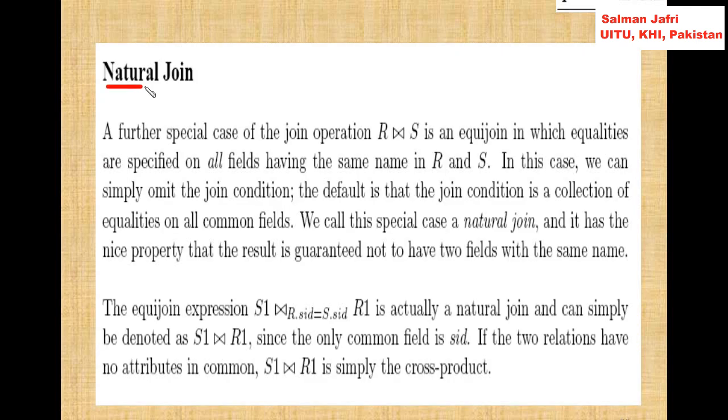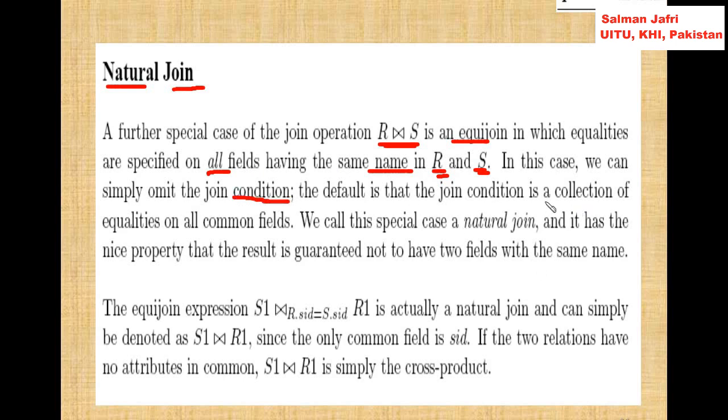We can now look at the natural join. Natural join R joined with S is an equijoin in which equalities are specified on all fields having the same name in R and S. So whenever we have a natural join, we don't specify a field. The condition applies to all the fields with the same name in both R and S, so we can simply omit the join condition.